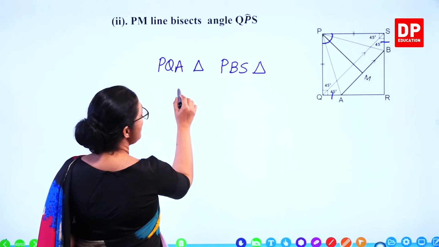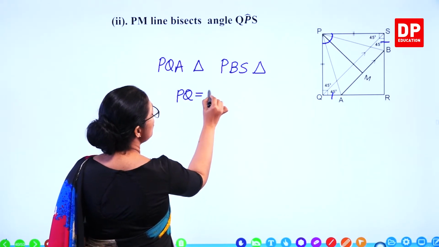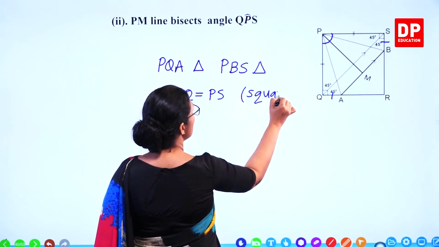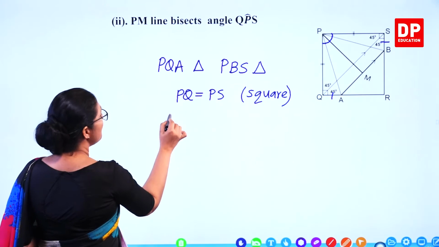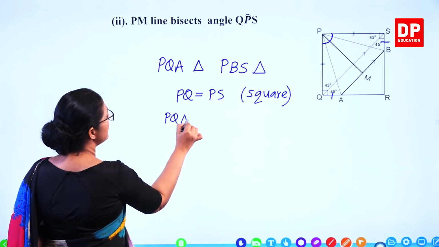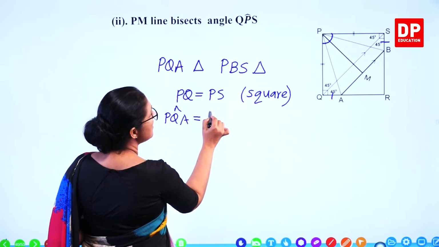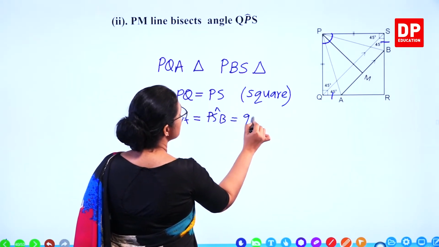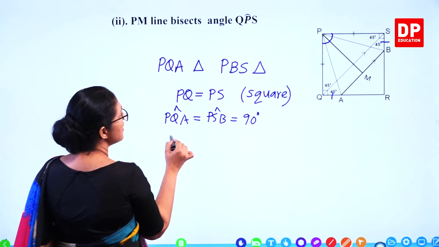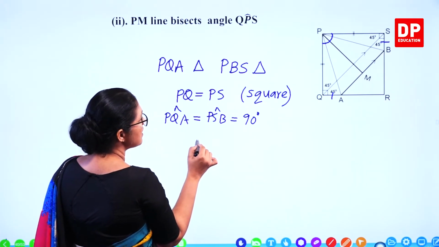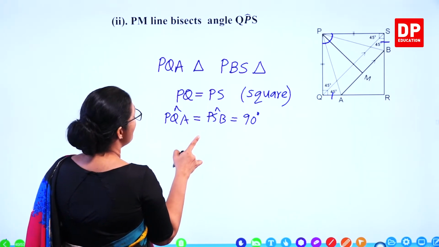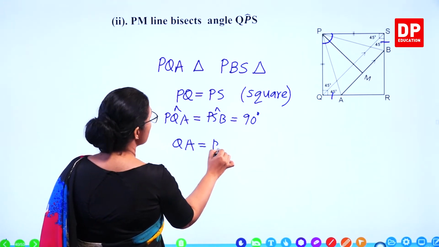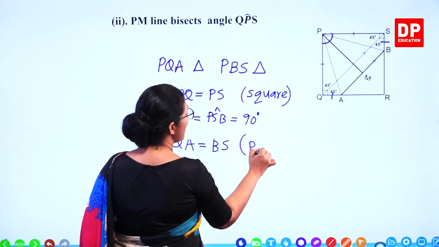So we'll write down PQ is equal to PS because of a square. All sides are equal. Then PQA angle is 90, equal to PSB angle, that's 90 degrees. And what else we know? QA is equal to BS. We proved that.